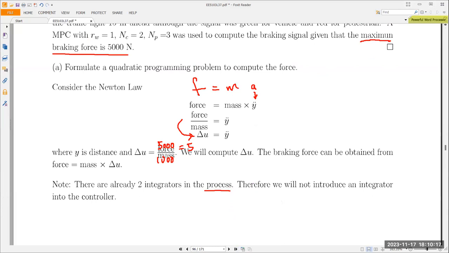But now the process contains two integrators, because to get Y you have to integrate two times. If you differentiate Y two times, you get the force; from the force, you integrate two times, then you get the output, the distance. So now you have two integrators, so we will not augment any more integrators into the process.